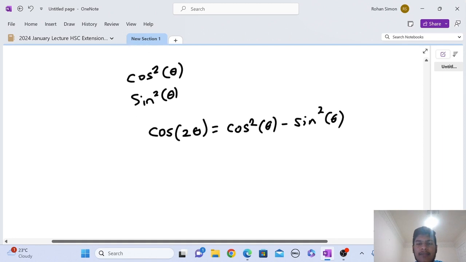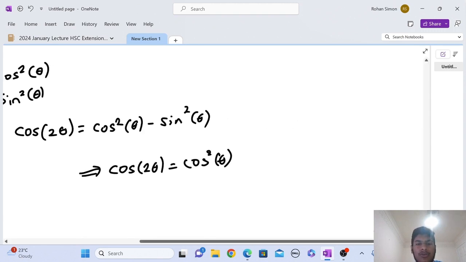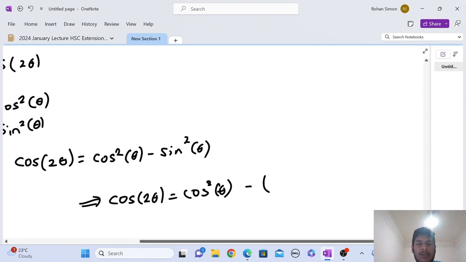And so that's going to show that, let's say we want to integrate cos squared theta, we're going to say cos 2 theta equals cos squared theta. First term we're going to leave as it is. Because we want everything in terms of just cos squared theta, what I'm going to do is use the Pythagorean identity to express sine squared theta in terms of cos squared theta.